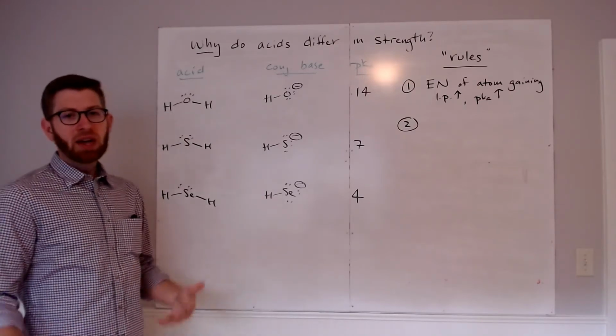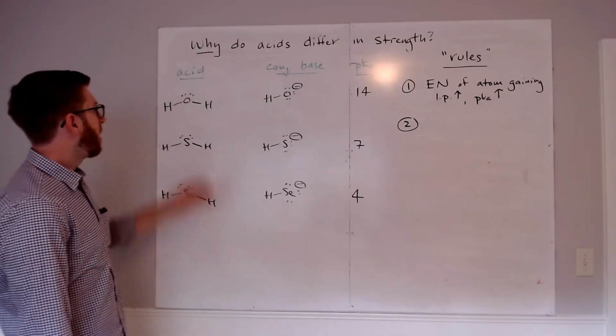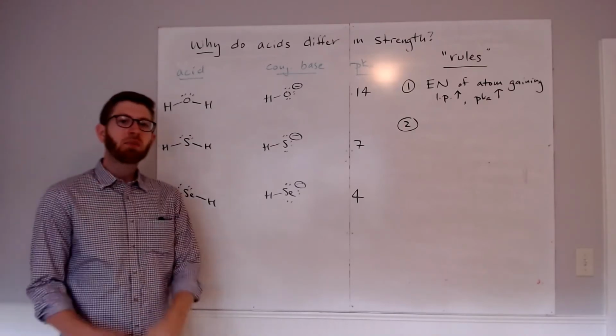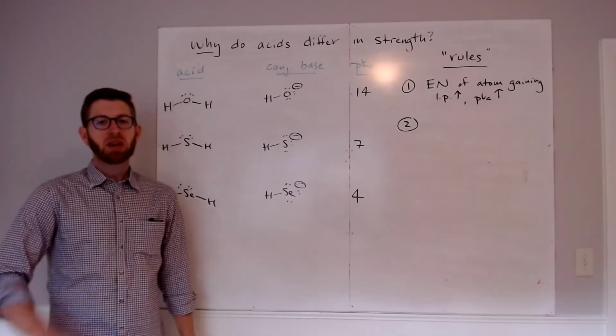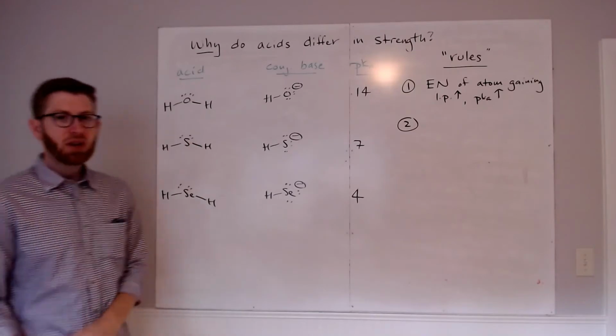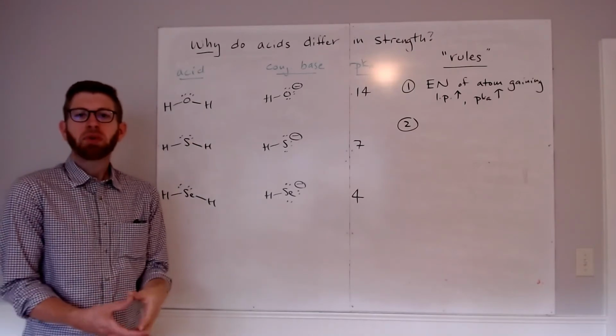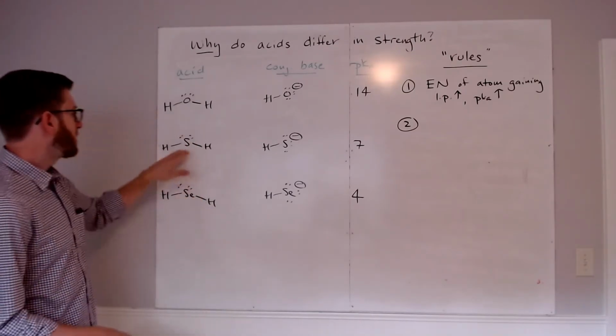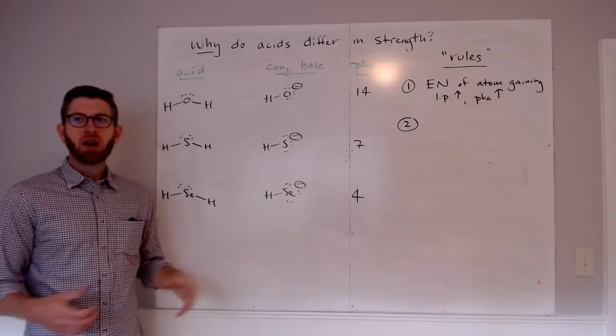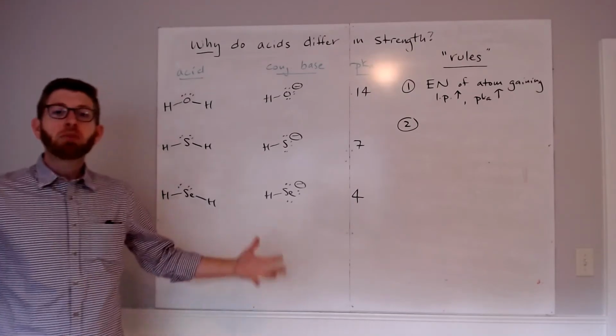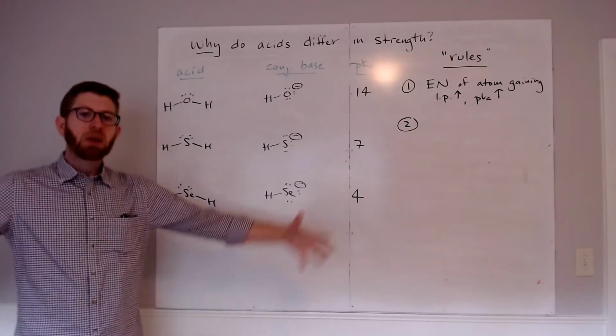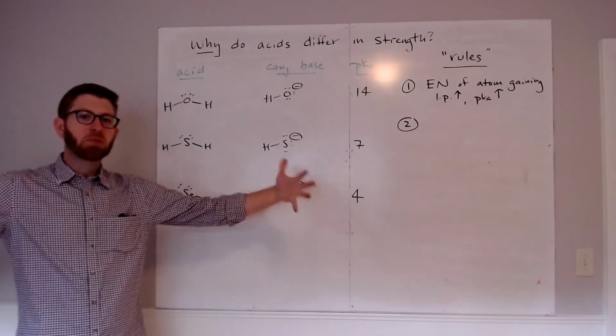But we could bring back atomic radius. We know that oxygen versus sulfur versus selenium are all in different rows of the periodic table. Oxygen, if we think about that like an orange or an apple or something of about that size, then sulfur would be like a small beach ball, much, much bigger, because we've expanded our valence shell. We're at the next principal quantum number.